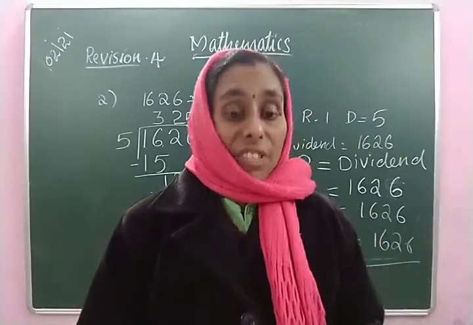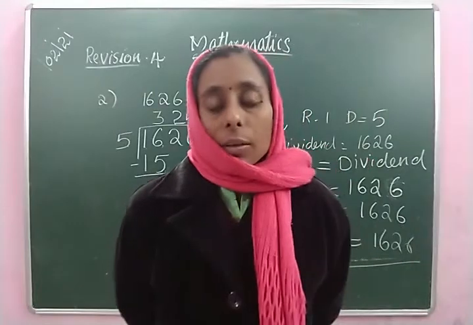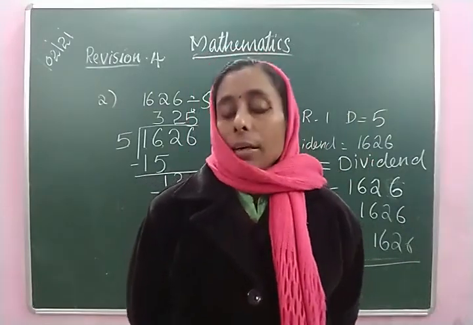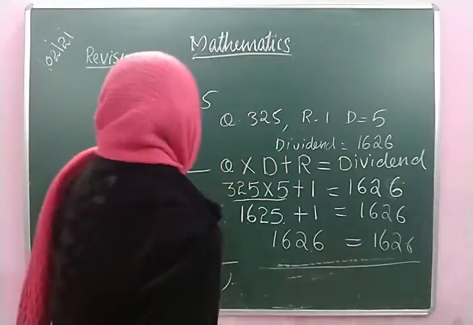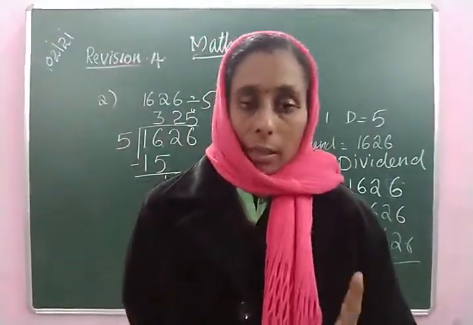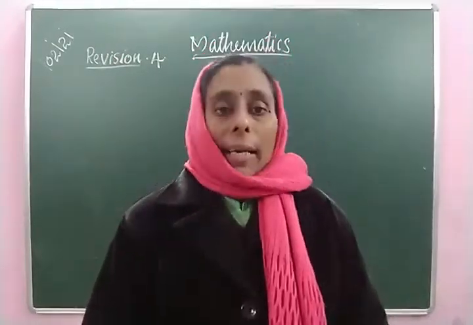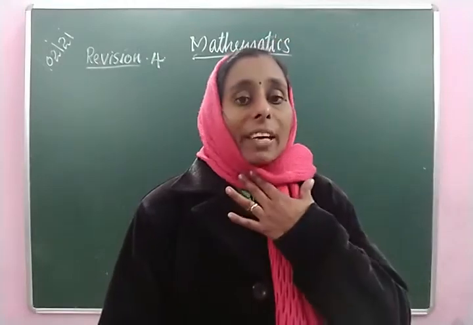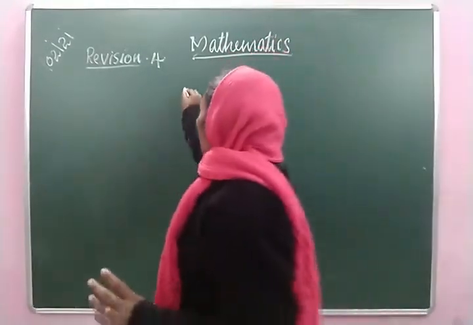Next one, division by 10 and 100. For dividing by 10 and 100, we need not use the long division method. There is an easy trick that we are going to learn. When a number is divided by 10, in 10 there is one zero.